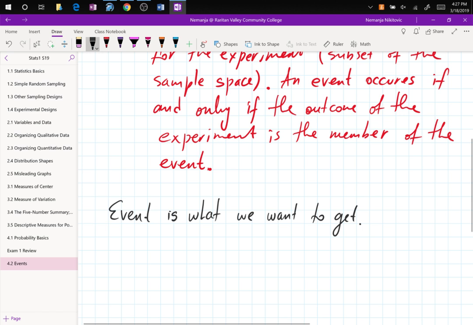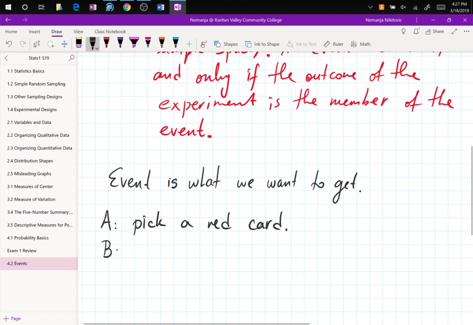So here's an example. Pick a red card. So that's an event. Another. Pick a spade.